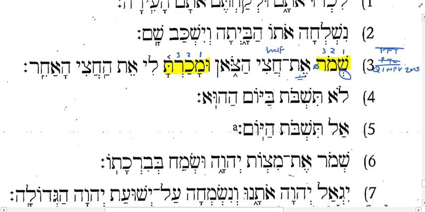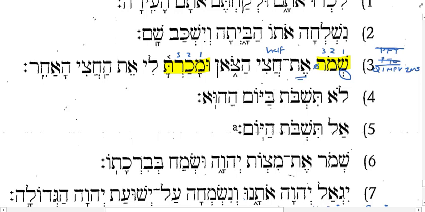So is this et the preposition with, or is this the sign of the accusative marking a definite direct object? What do you think? Okay. It would appear to be a sign of the accusative. One reason that we might think so is that shamar, meaning to keep or to guard, is transitive and should take a direct object, right? And so it would make sense for a direct object marker to be there.